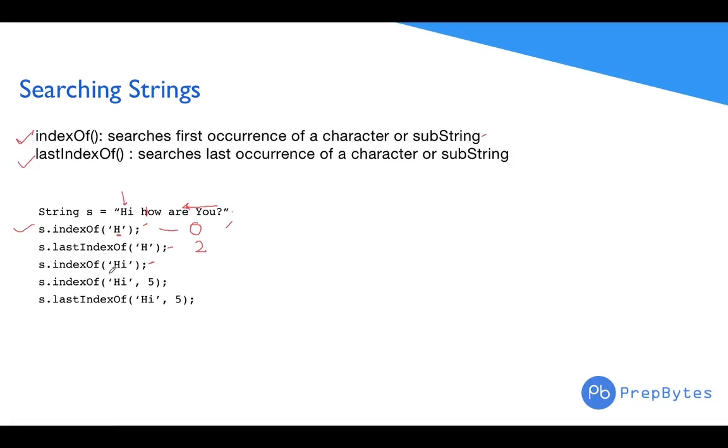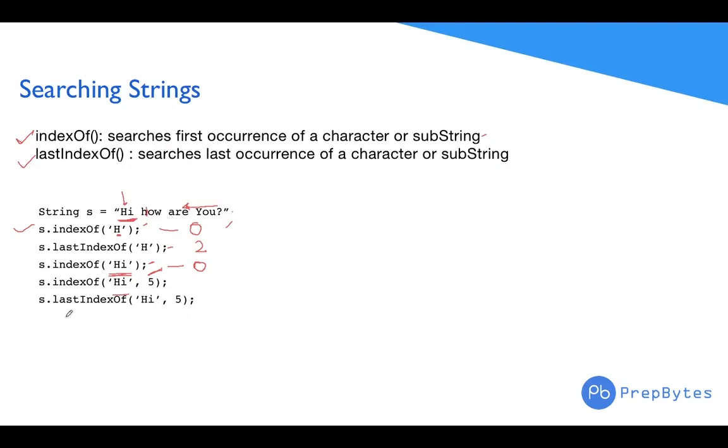Here the substring is "hi", and "hi" is here, so it gives me index 0. We also have the facility to tell it to start the search from index 5. If I do indexOf("hi", 5), it will start searching from 0, 1, 2, 3, 4, 5, so it starts searching from the 5th index.